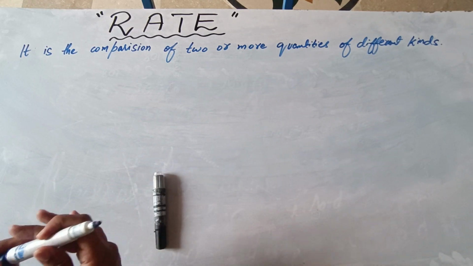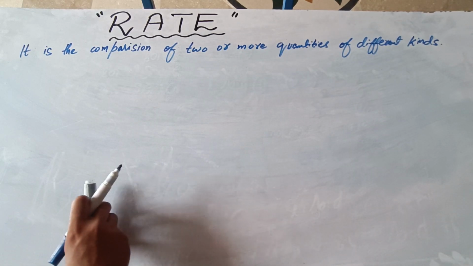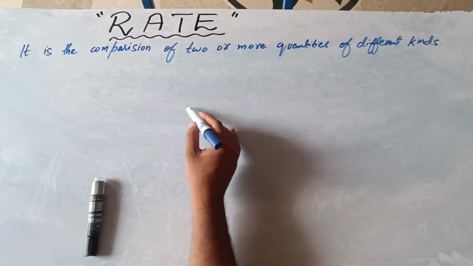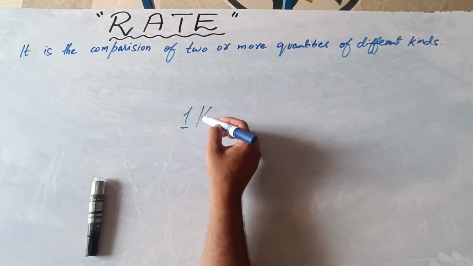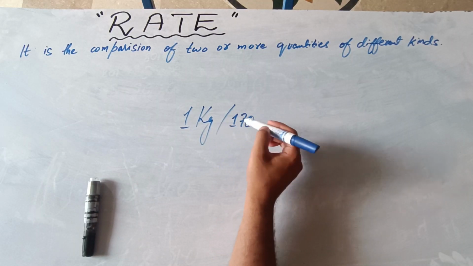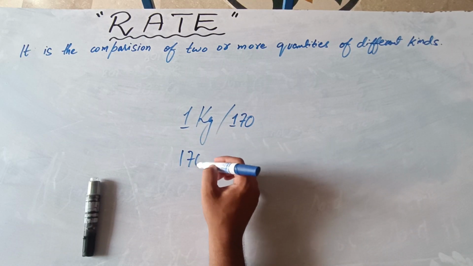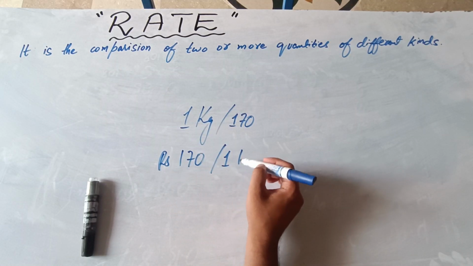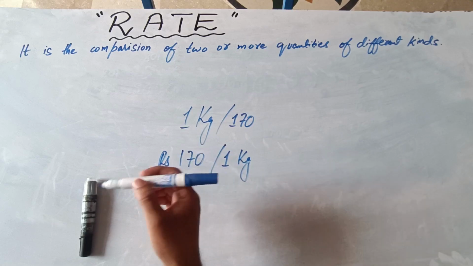So for example, when we go to the market and we ask what is the rate of the sugar, he says 1 kg per 170 rupees, or 170 rupees per 1 kg, rupees 170 per kg. And what is the rate of the petrol?